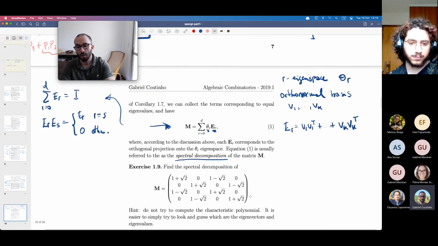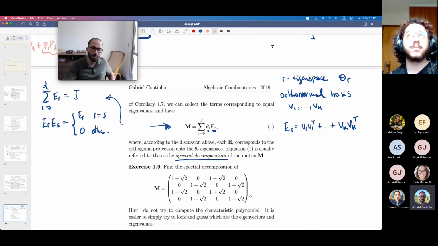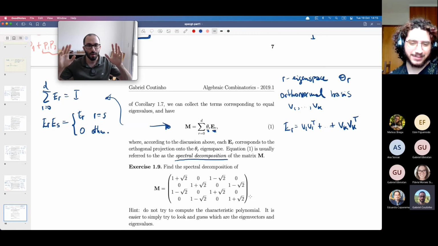Typically, how did you guys learn how to compute the eigenvalues and eigenvectors of a matrix? You write the characteristic polynomial, you find the roots, you perform Gaussian elimination, you find the eigenvectors. Now, this is a very stupid way of finding the eigenvectors and eigenvalues of a matrix. No computer, algorithm, or person with a sane mind finds eigenvalues and eigenvectors in this way, simply because if you write a polynomial of degree 4, it's much harder to compute its roots than it typically is to guess the eigenvectors of a matrix.